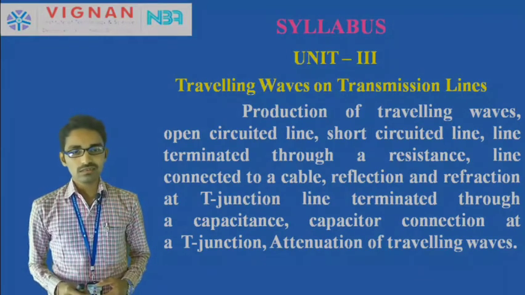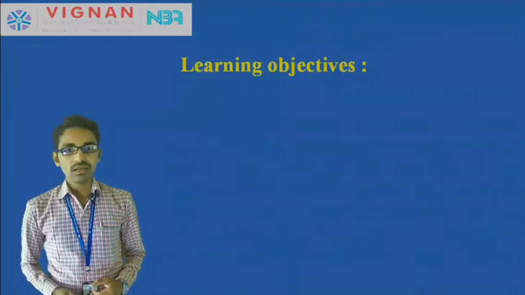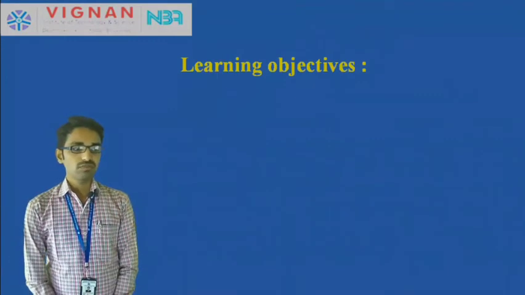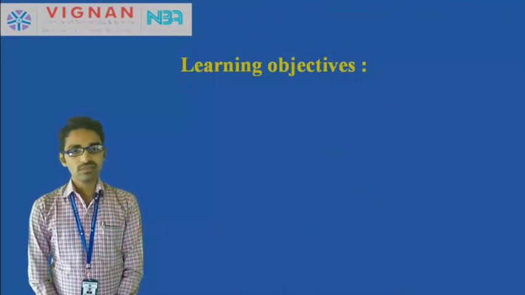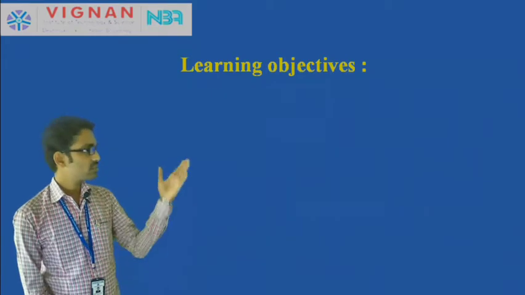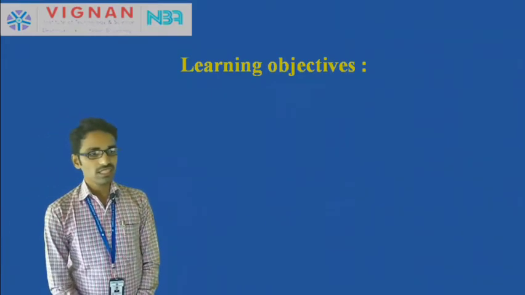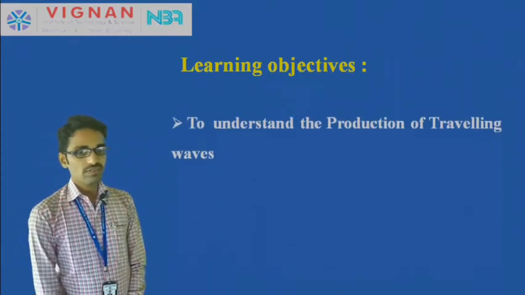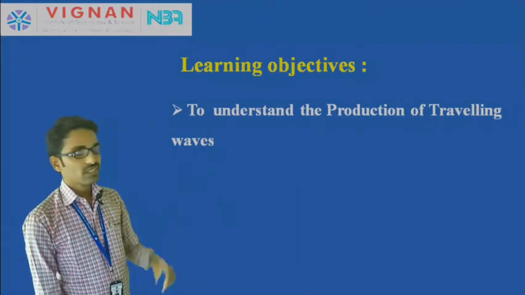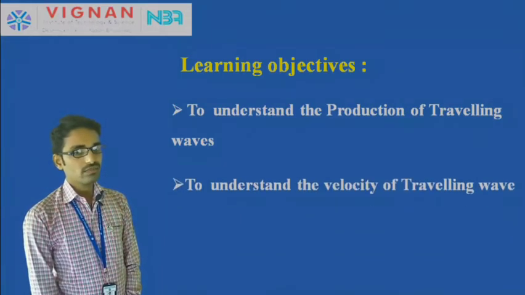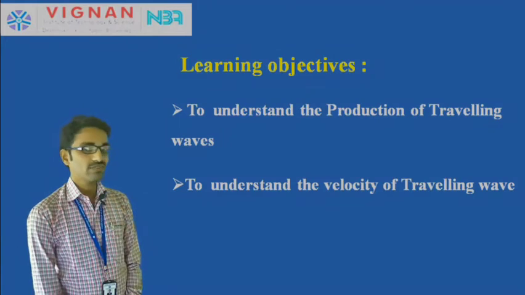in these lectures. The first one is production of travelling waves. Before going to the production of travelling waves, we will go through the learning objectives of this lecture. The first one is to understand the production of travelling waves, and the next one is to understand the velocity of travelling waves.